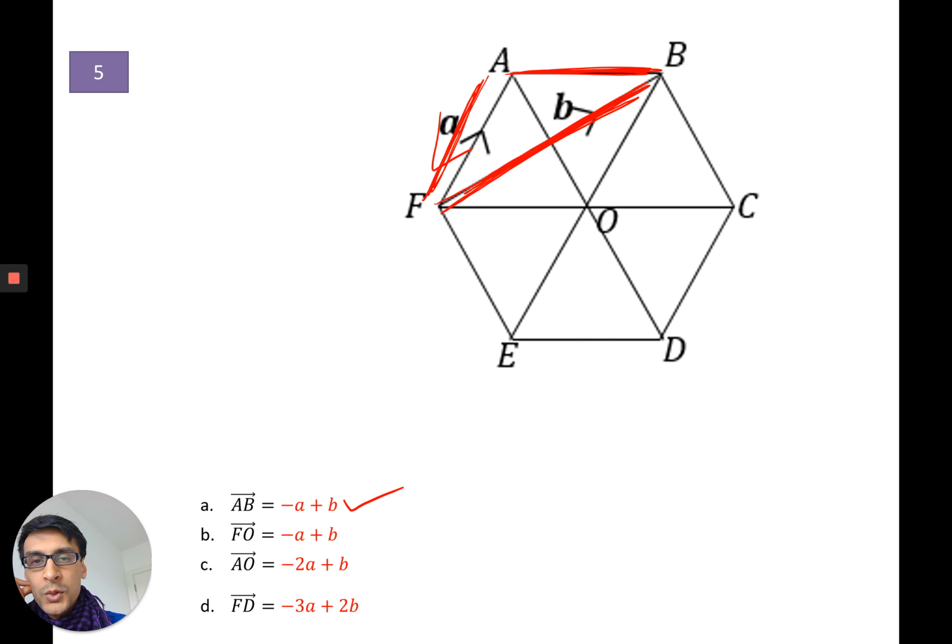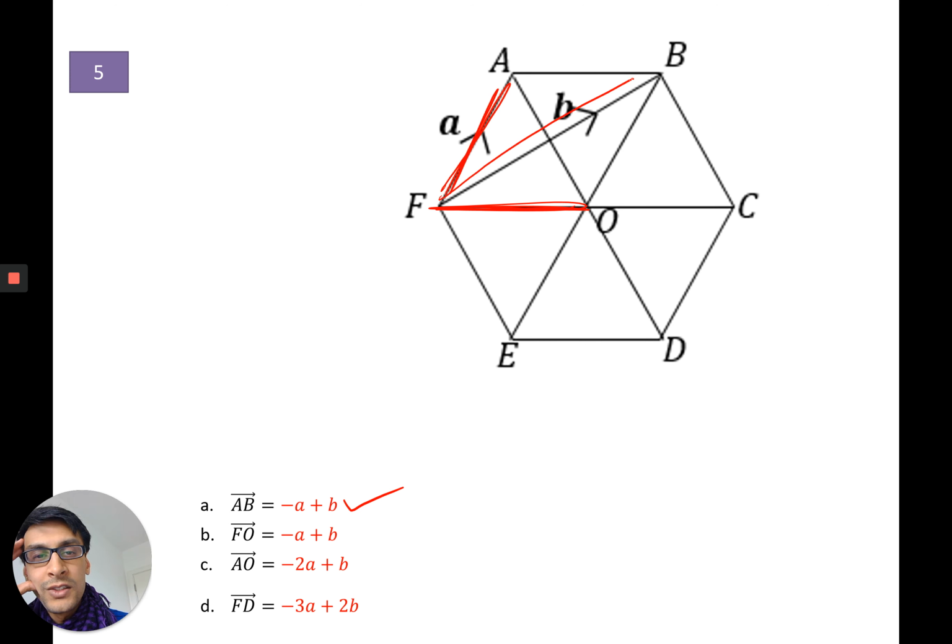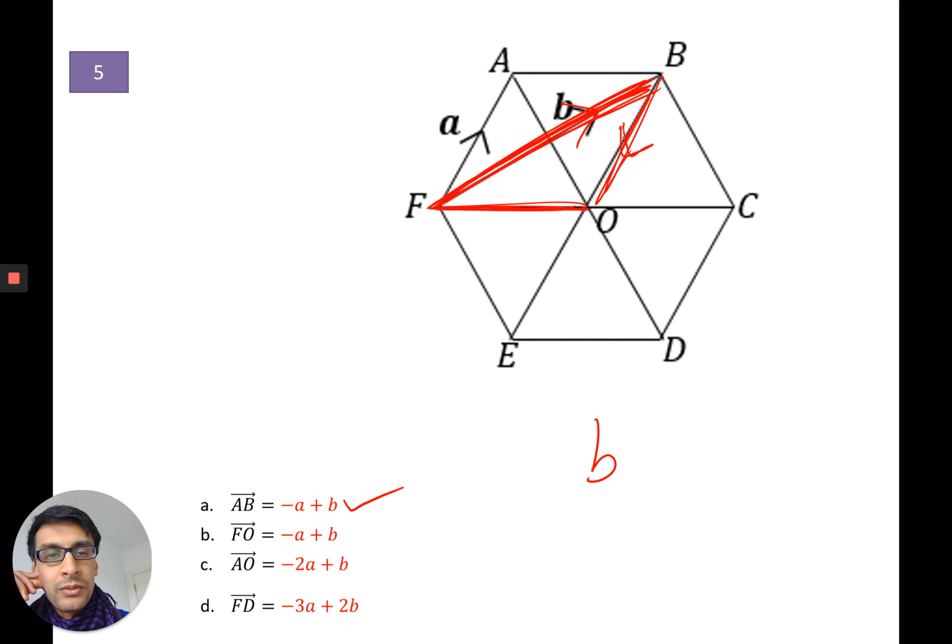And the next one is FO. So going from F to O. Now we have to be a bit creative and think about how can I go from F to O if I've only been given these two? Well, that's the reason I did the previous slide. We know that all of these vectors up here that are parallel are equivalent to A. To go from F to O, what we can do is take this route here, which is just B, and then come down to get here.